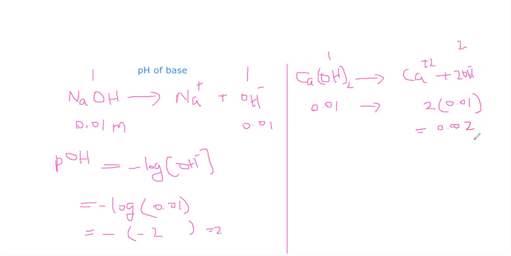So this is your first step. You have correctly calculated the concentration of the hydroxyl ion. Now use the same equation to calculate the pOH.